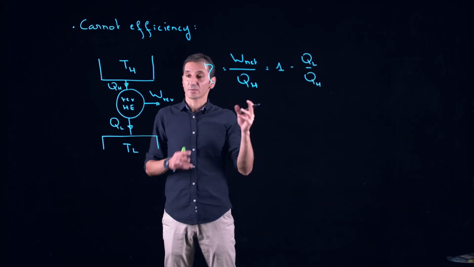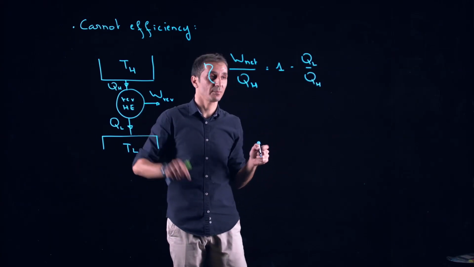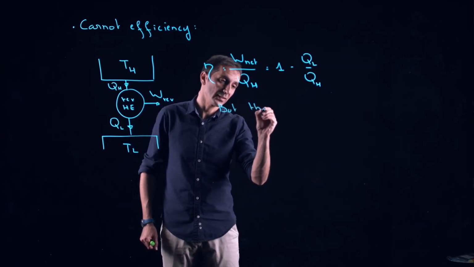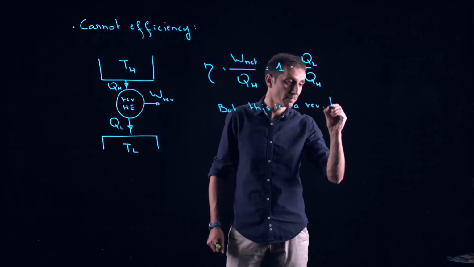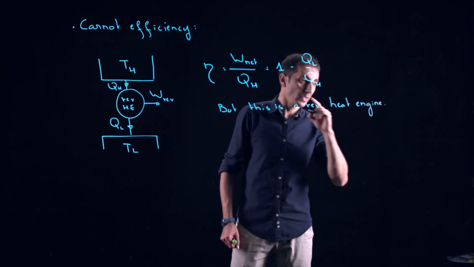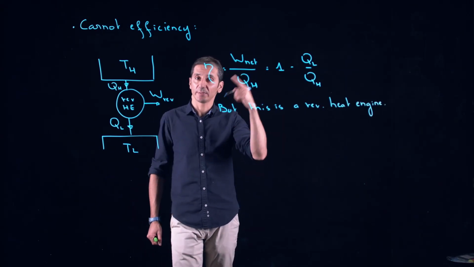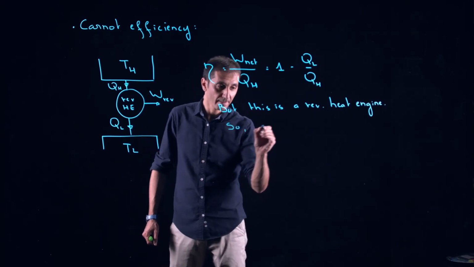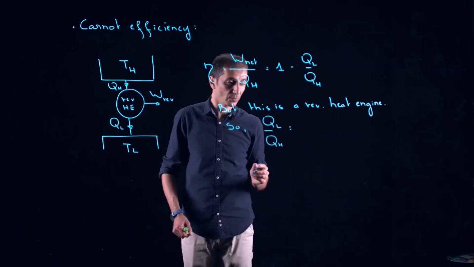So we used to stop here, okay? But now, what do we know? We know that this is a reversible heat engine. And we have shown that if I have a reversible heat engine, the ratio of the heat is equal to the ratio of temperatures. So QL over QH is equal to what?